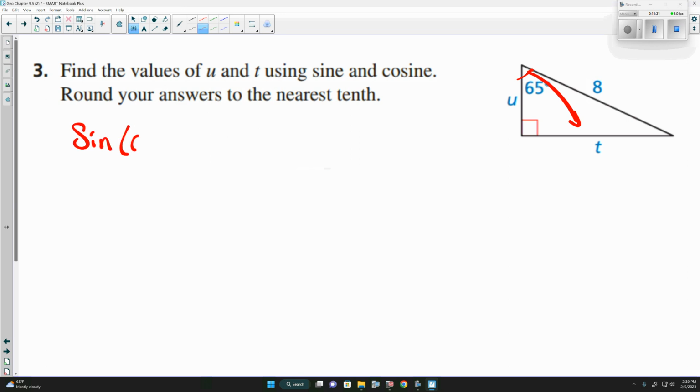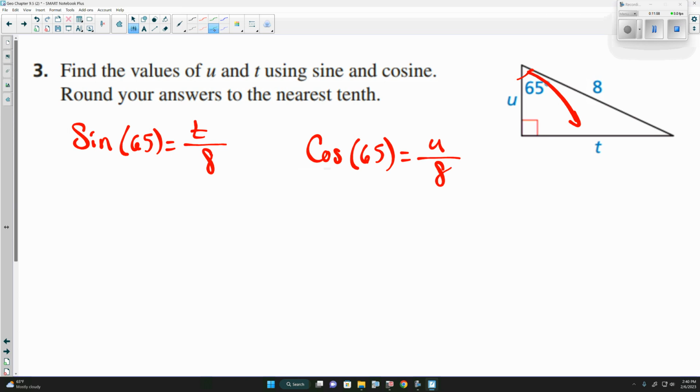So sine of 65 degrees would give us the opposite side t over the hypotenuse, which is 8. Cosine of 65 would be used to solve for which one? U, because it'd be u over 8. Now here we're wanting to solve for both u and t, so we could use both to get there.